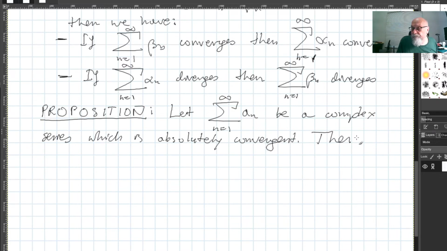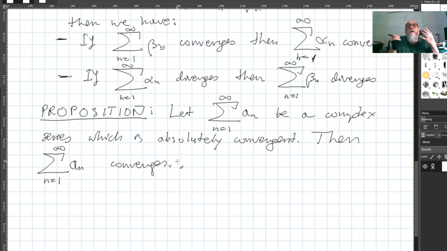Then this series also converges. That means simply that absolute convergence is nothing else than a stronger requirement for convergence. There is convergence and there is something called absolute convergence, so it is with additional requirements.